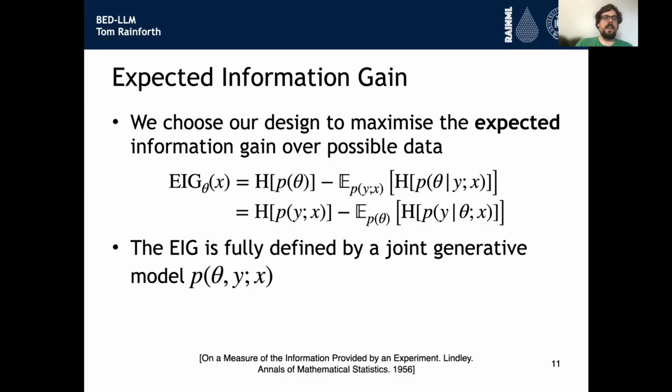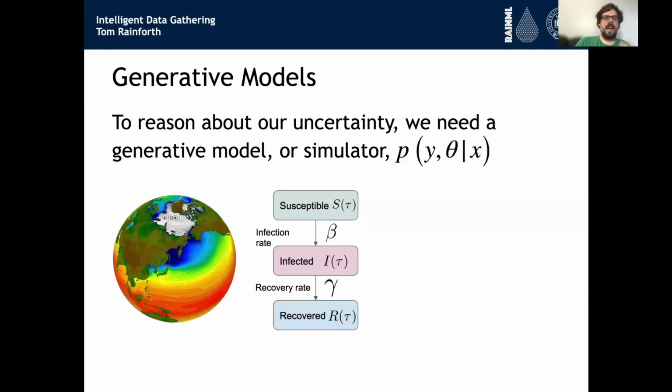This is where the Bayesian experimental design element is really coming in, because we are defining a Bayesian model by defining this joint distribution over theta and y. And once we've defined that, that fully defines this expected information gain, and therefore we can start using it to make these design decisions and gather data. So that joint model can take any form.